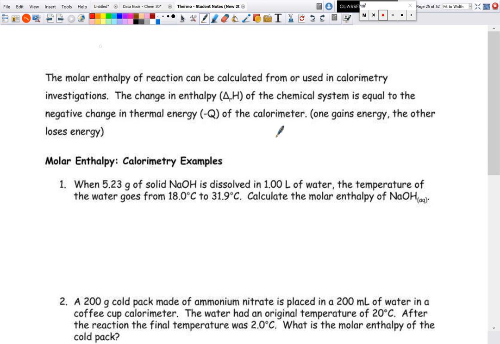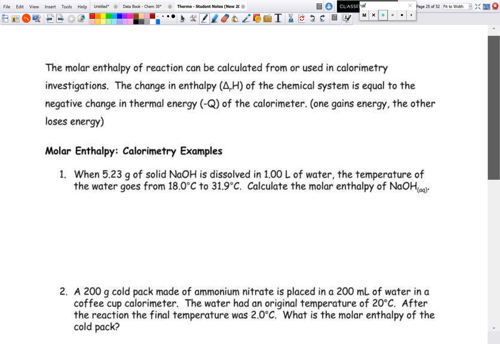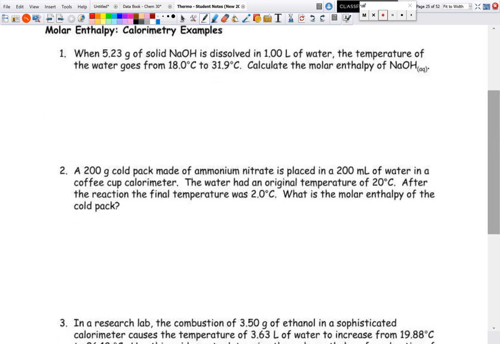So let's look at solving some questions. Right away you notice it's different, where it says when 5.23 grams of solid sodium hydroxide is dissolved in 1 liter of water, the temperature of water goes from 18.0 to 31.9. Calculate the molar enthalpy of NaOH. So what we have is the same thing. We want to make sure we specify what is system and what is surroundings.